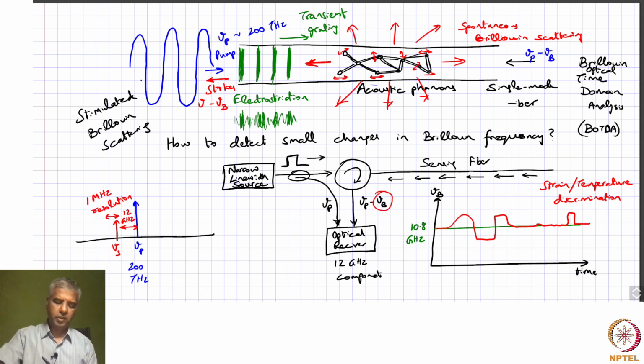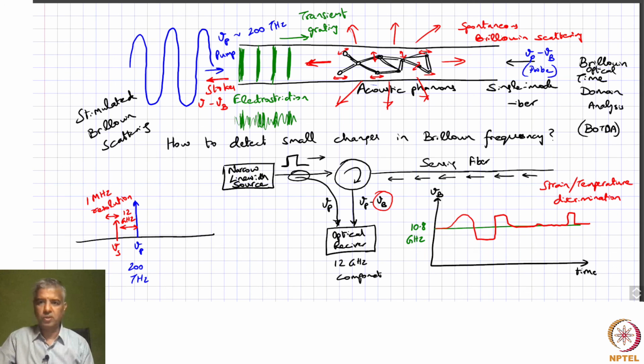So, instead of going to a higher and higher power, you can inject something from this side. This side is the pump, but this side is called the probe, and you can inject the probe and enhance the interaction, and through that you can increase the signal to noise ratio.